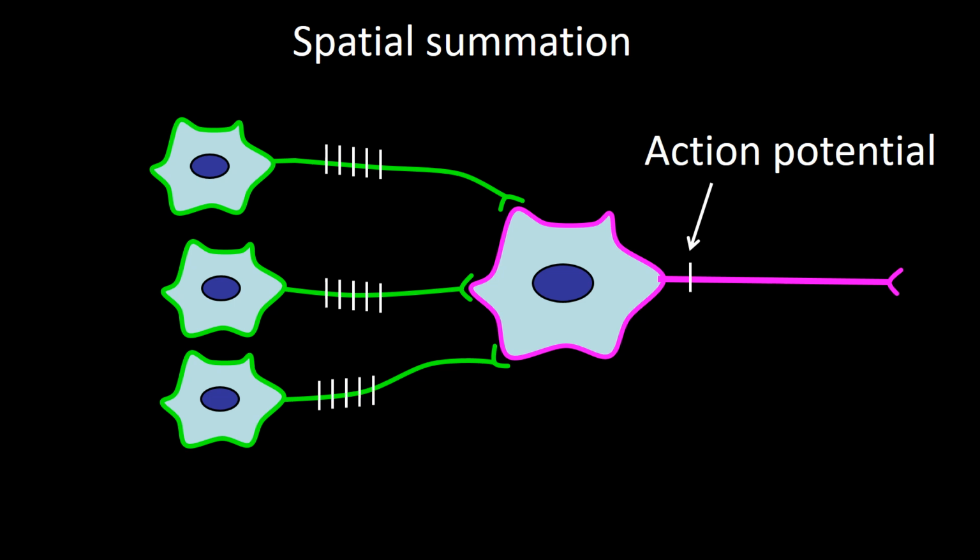In this new frame, you can see the action potentials of 3 neurons reaching the large neuron and producing an action potential. This represents an example of spatial summation: the stimulation of 3 different sites, that is, an increased area of stimulation in the larger neuron at the same time, produced an action potential.